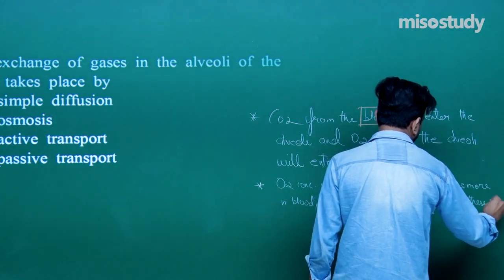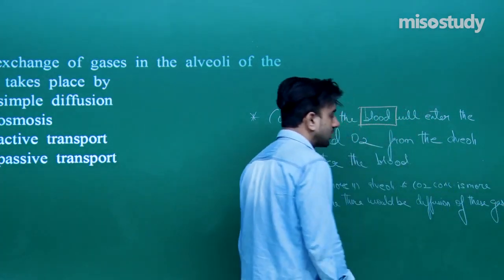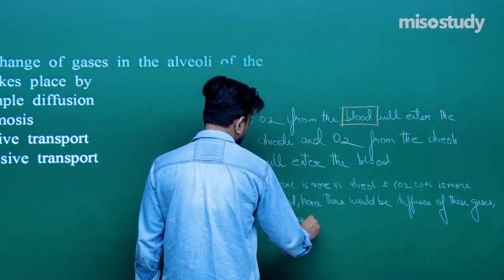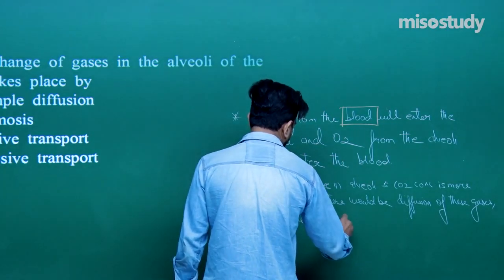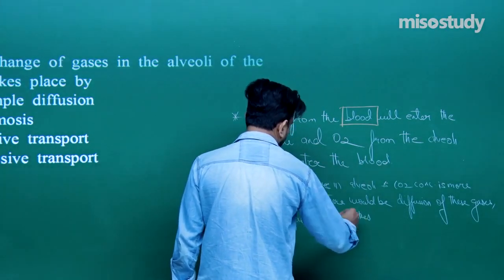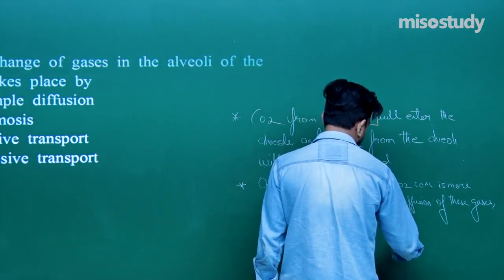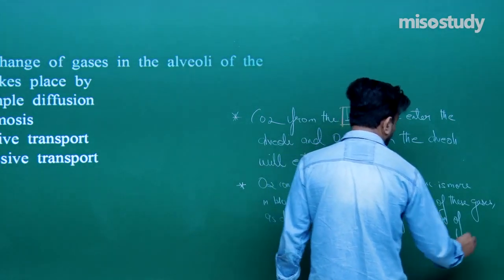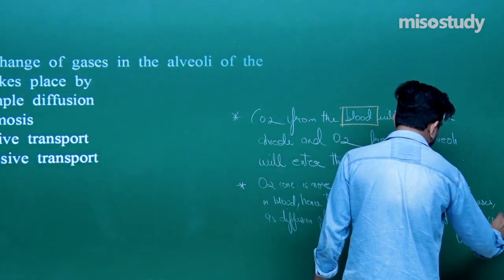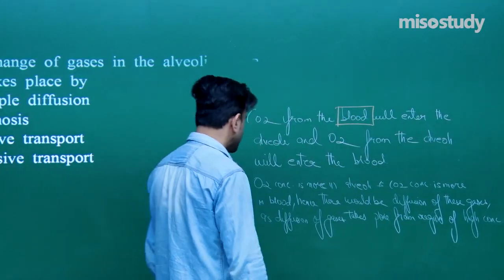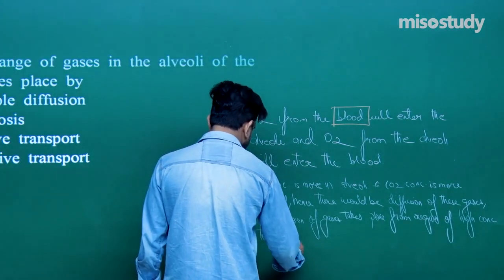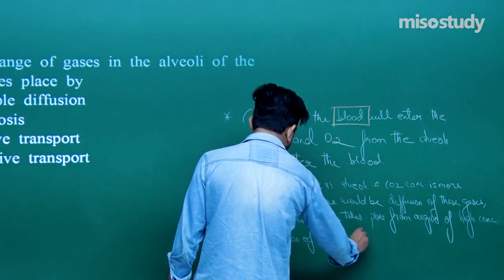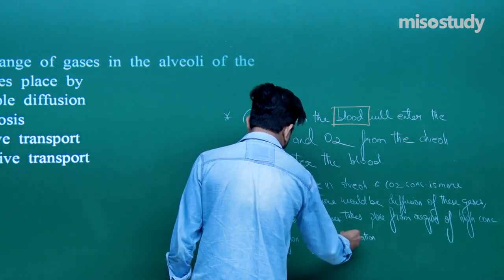Diffusion of gases takes place from a region of high concentration to a region of low concentration, right.